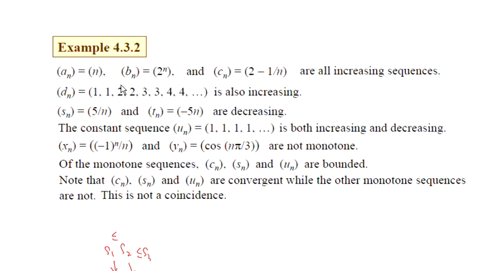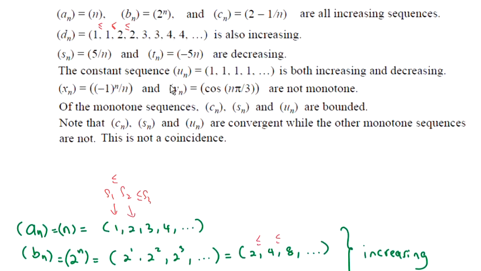If we compare S1, which is 1, it is less than or equal to 1. Then 1 is less than 2, and 2 is less than or equal to 2. So it satisfies the definition of an increasing sequence. So D sub n is also increasing.